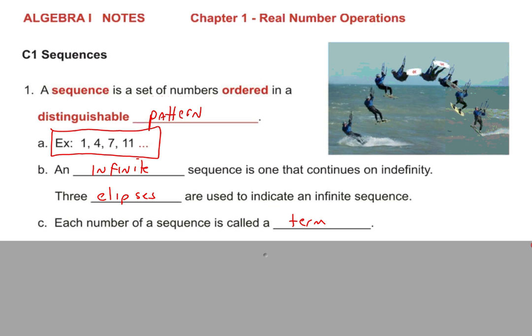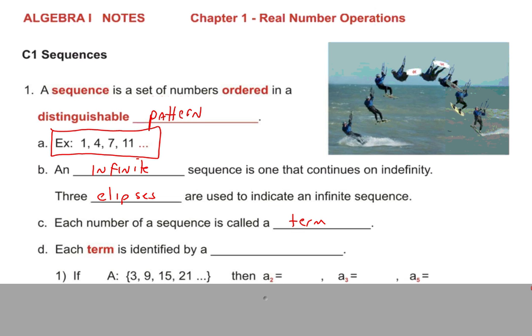And the fourth term is... And the fifth term is 15. Because there's a distinguishable pattern, right? Say, but I don't see the fifth term. Well, yeah, but there's a 5th term and a 6th term and a 7th term and a 100th term and a 1,000,000th term, right? This thing goes on forever and ever. And so each number of the sequence is called a term.